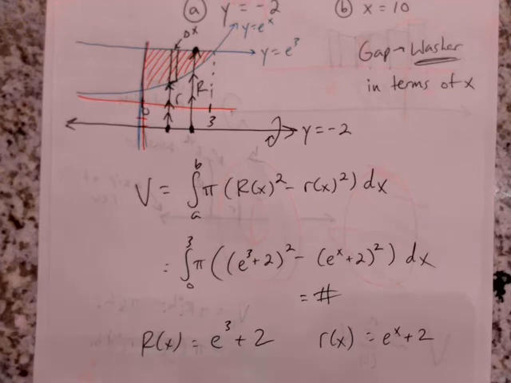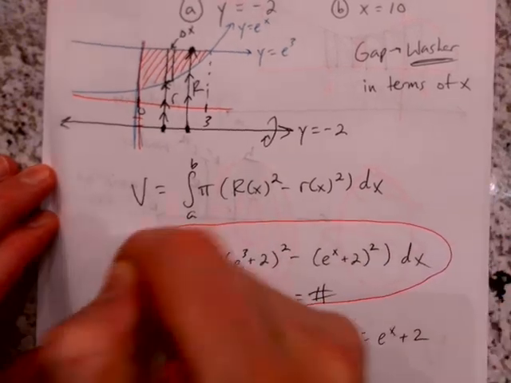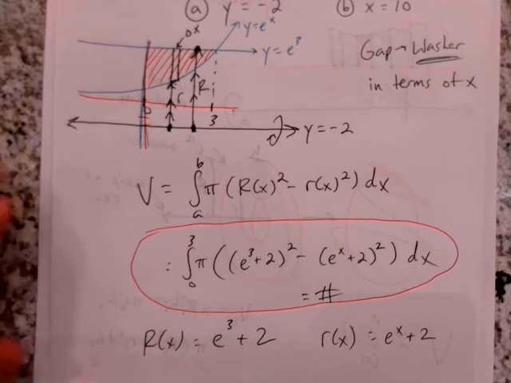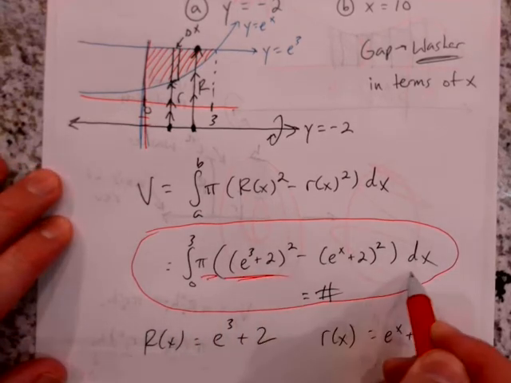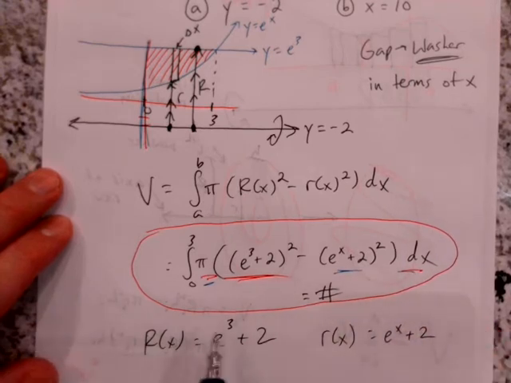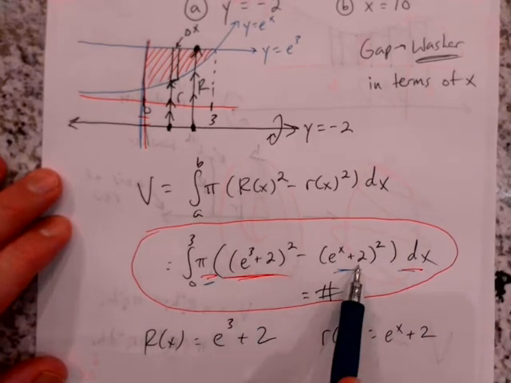Or I might just say, write the integral that gives the answer. And in that case, this would be the answer. So again, it's just the volume of the big cylinder minus the volume of the small cylinder. Pi r squared h minus pi r squared h.